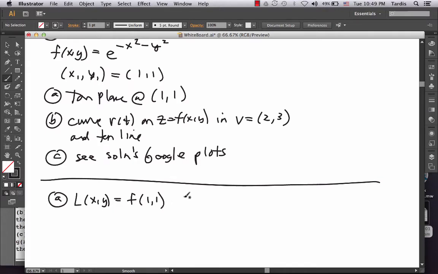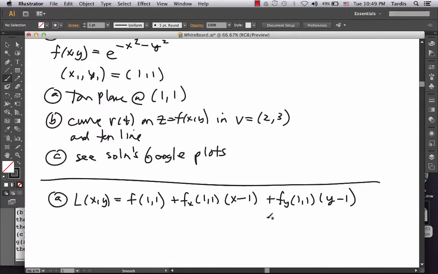In this case, we're interested in 1, 1. I'm going to compute the partial derivative of f in the x direction, evaluated at 1, 1. I'm going to multiply by x minus 1. I'm going to look at the partial derivative of f with respect to y at the point 1, 1, and multiply it by y minus 1.